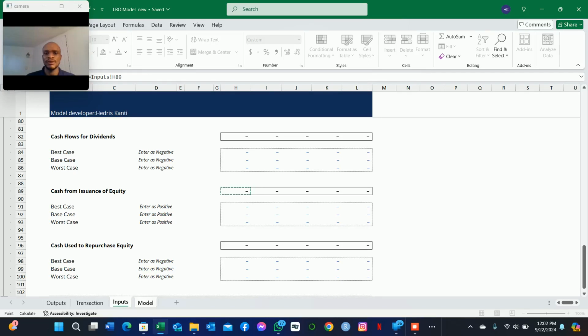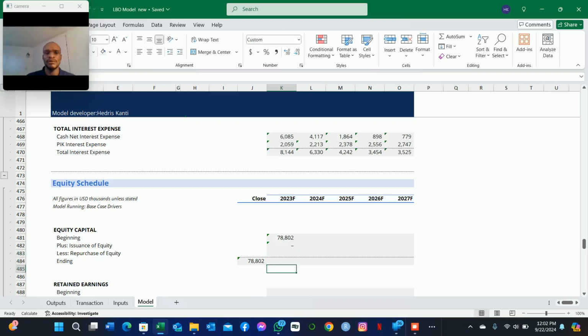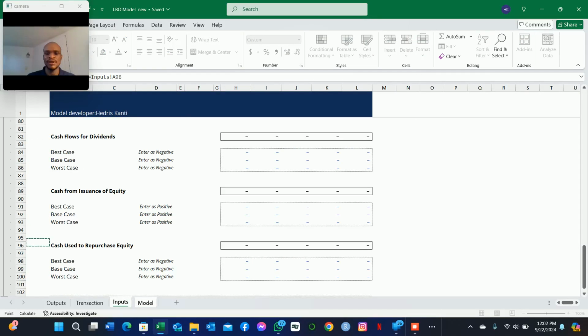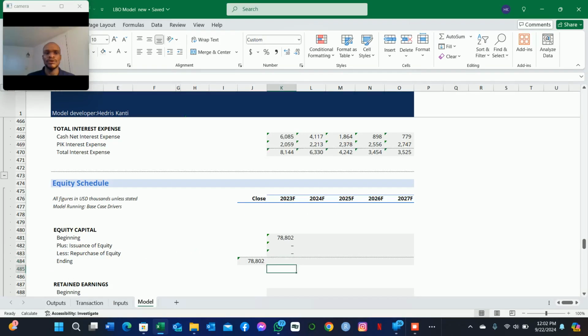It is zero because in this particular leveraged buyout, we don't have any issuance or repurchase of equity, but we're just referencing that in case there's going to be any issuance or repurchase. We already set up the repurchase as negative and the issuance as positive in the input section, so that we can now use the sum function to take the opening balance, add the issuance of equity, and deduct the repurchase of equity. We can take this and fill it right with Control R.